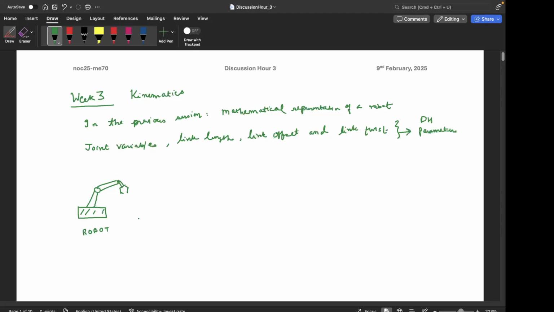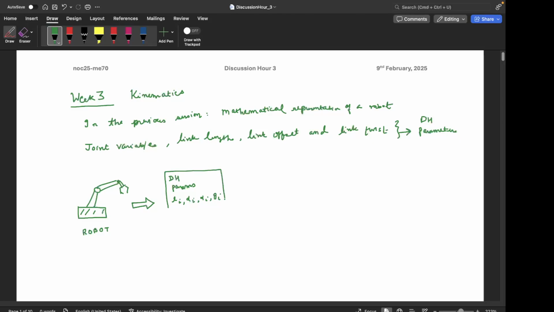Then from here, what we did was DH parameters: Li, Di, alpha i, theta i. All these things we calculated.